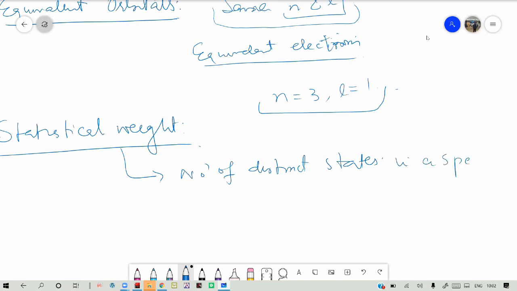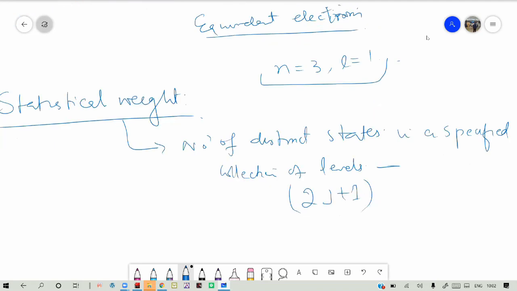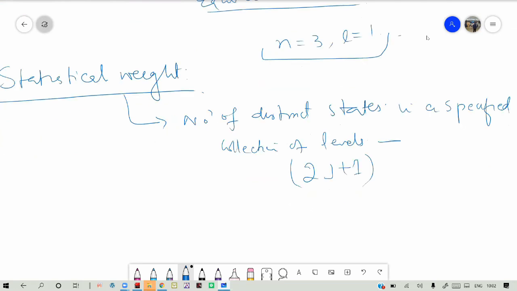In a specified collection of levels, this is called a state. It is given by 2J plus 1, and this is for an energy level.